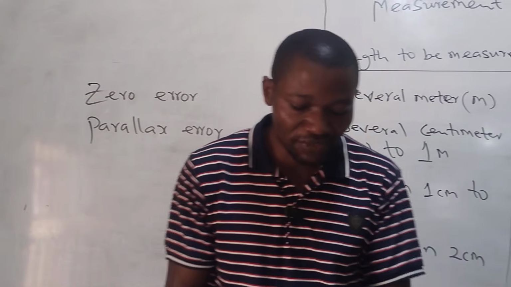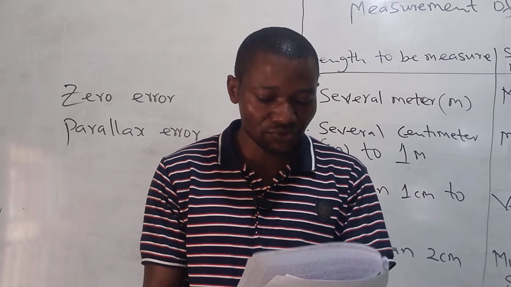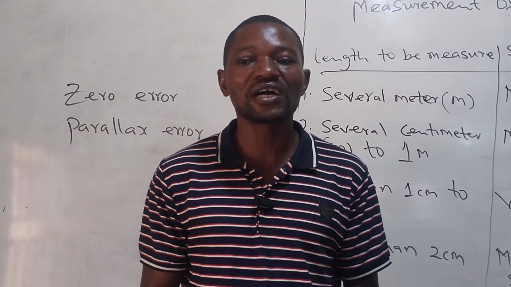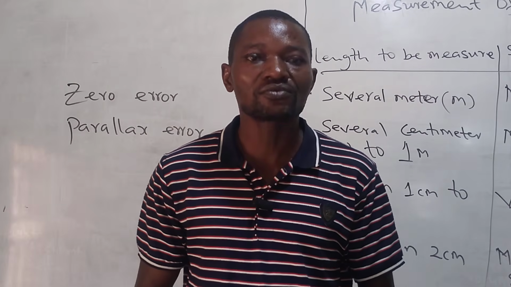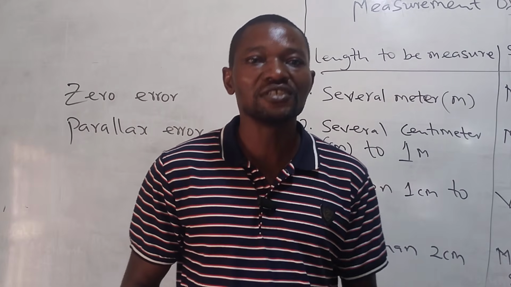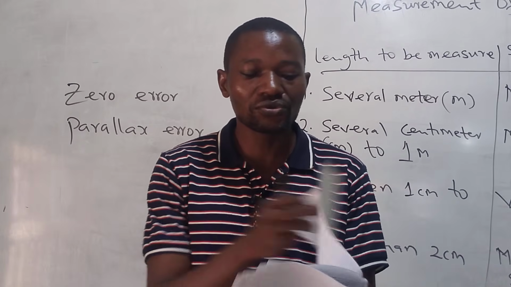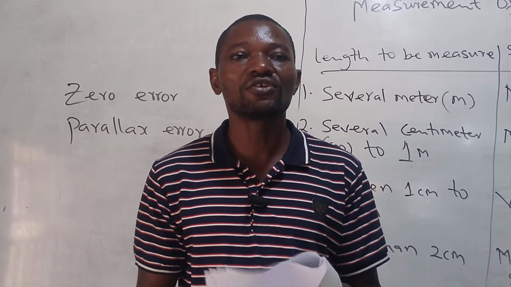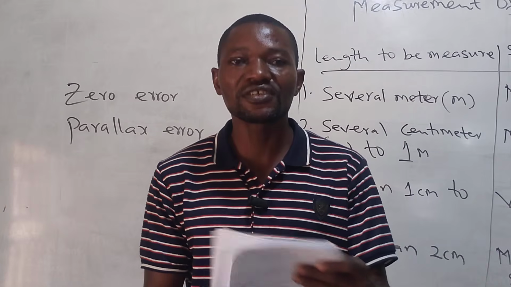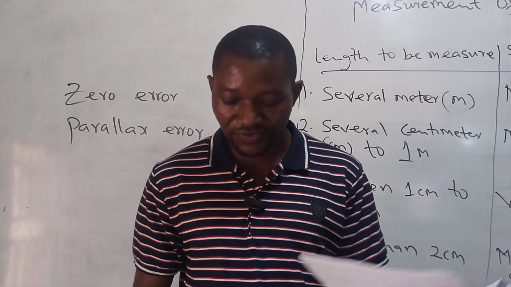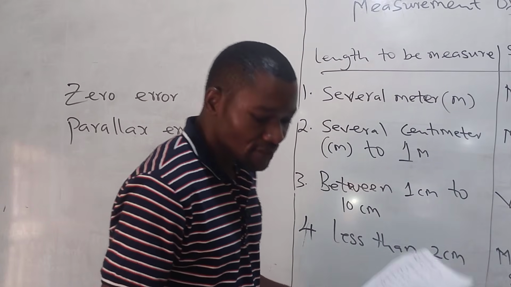So during measurement, for us to have good result, one has to look directly on the readings that we are taking, because accuracy is very, very important for every measurement.